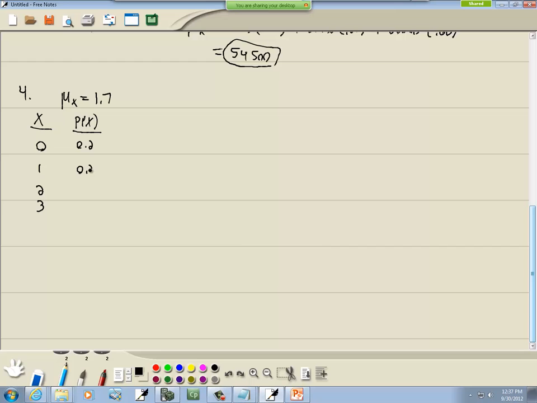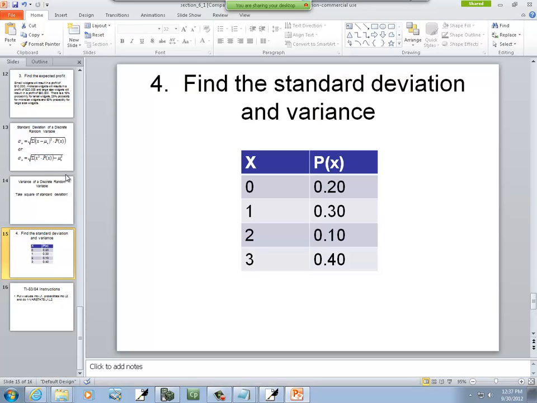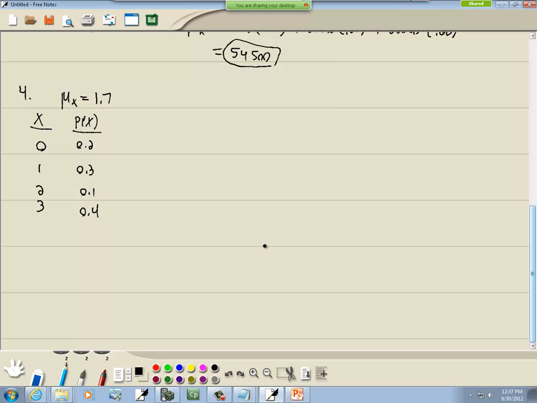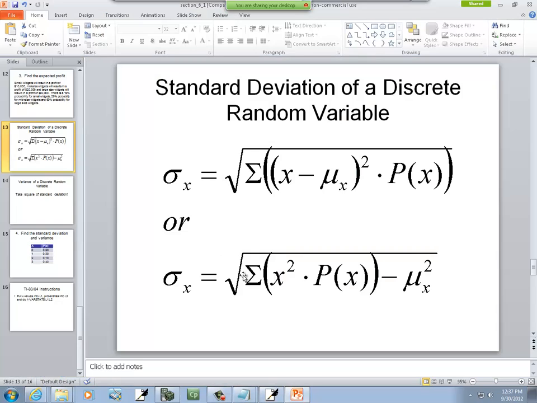Trailing zeros at the end you can go ahead and drop off. 0.3, 0.1, and 0.4. Well, this implies that we need an x squared column. So I'm going to create that. So we got 0 squared, which is 0. We got 1 squared, which is 1. 2 squared, which is 4. And 3 squared, which is 9.